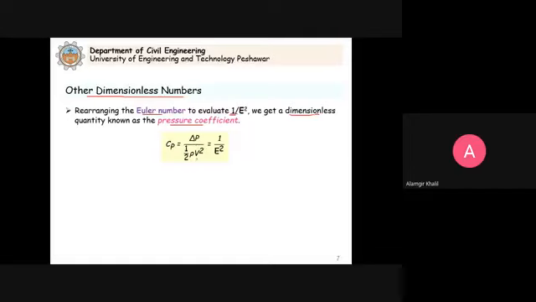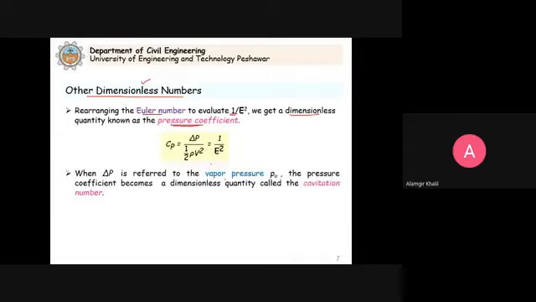Clear how we define this dynamic pressure? You remember the total pressure, the static pressure, and the dynamic pressure. So that's why this is known as the pressure coefficient, another dimensionless number.